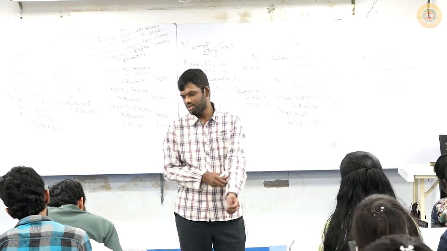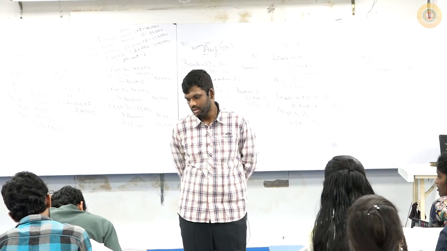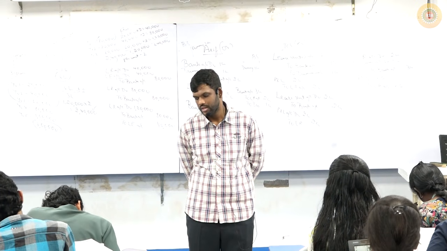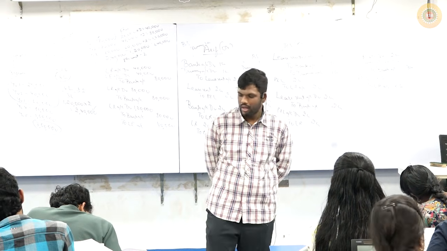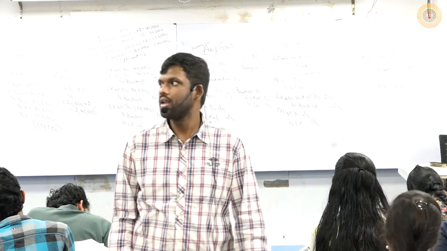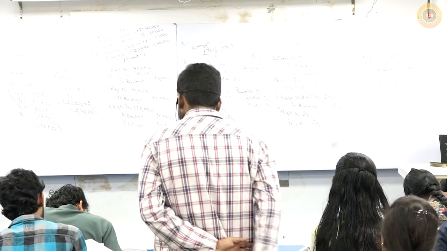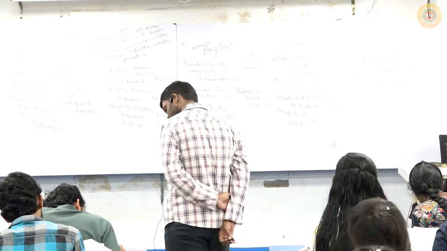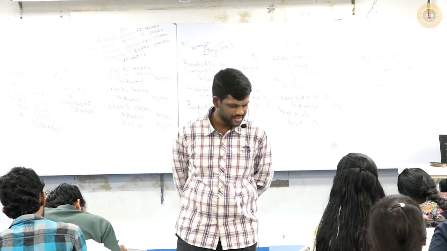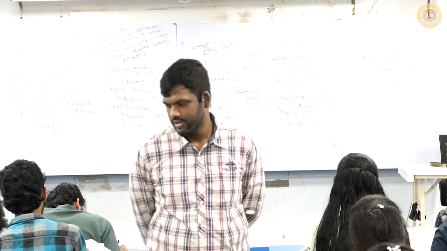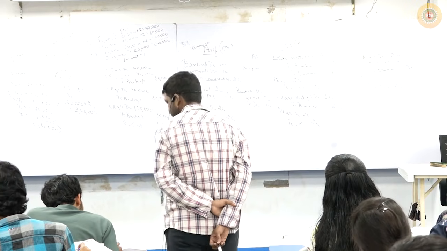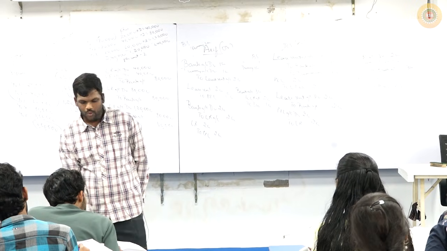Total units. Rental per unit is equal to 1,95,000 divided by 3 lakhs, which is 0.65. Okay.